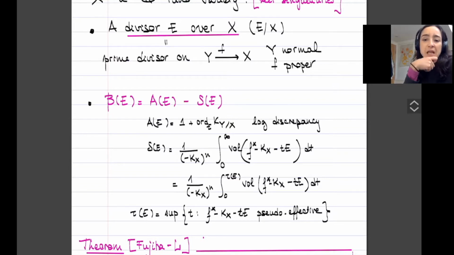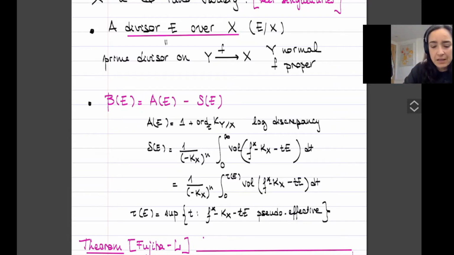E, the divisor, is an actual honest divisor on this model Y. We're taking A of E to be 1 plus the order along E of the relative canonical K_Y over X.